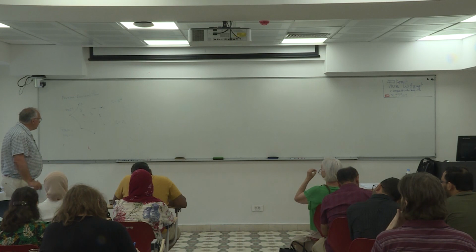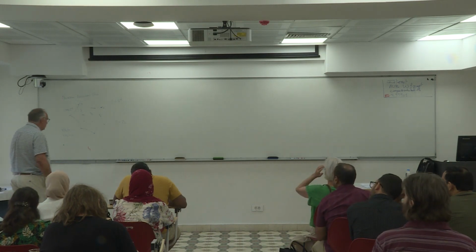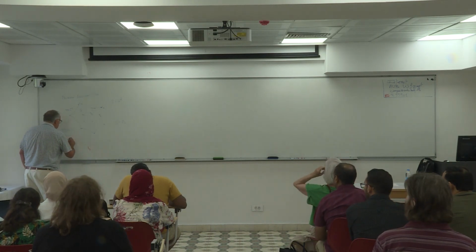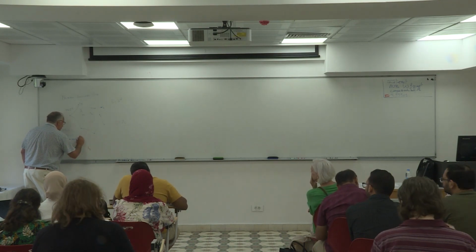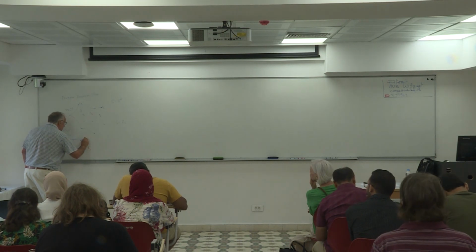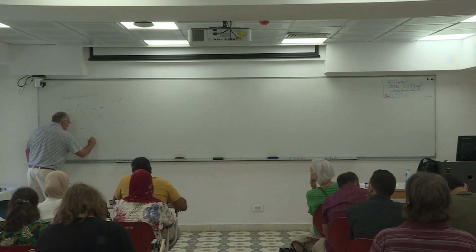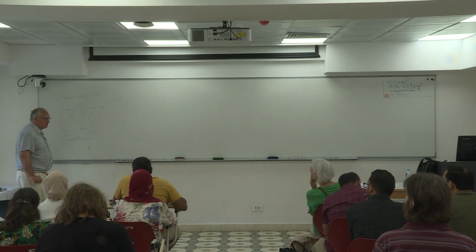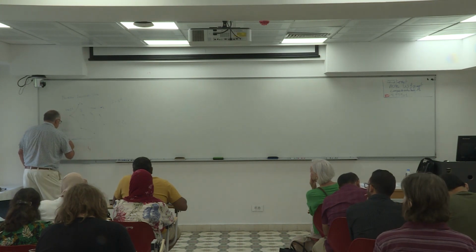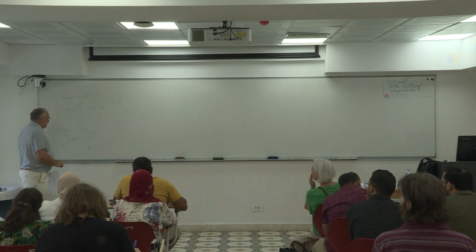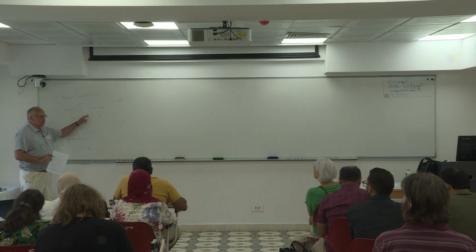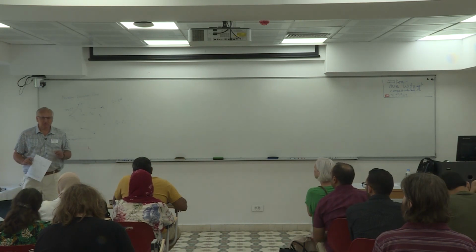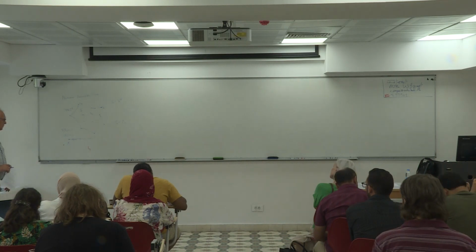The points where the vector field vanishes we call equilibrium points. The set of equilibrium points we denote by E. More precisely, the set of equilibrium points which are in the interior of our surface. Boundary points, we don't speak about that.